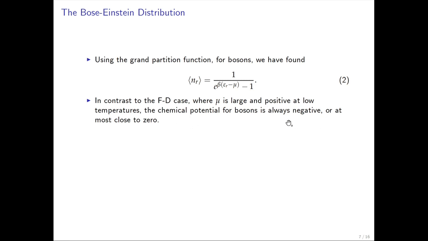And the reason why we need this to be always negative, if you look at this formula, is that this needs to be positive definite for all values of energy, even down to epsilon zero, what we call the ground state. Here we'll measure everything from the lowest energy, the ground state, as 0. So even if that's 0, you can see that if mu were positive, this number could swing negative below 0.